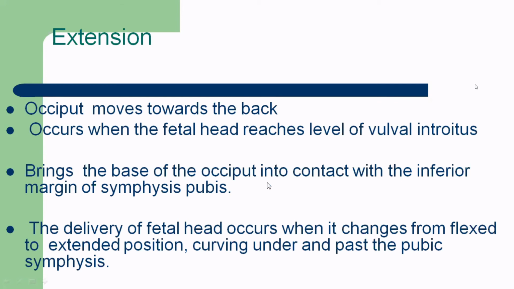It brings the base of the occiput into contact with the inferior margin of symphysis pubis. So during extension, the occiput slowly goes back to touch the back. And the delivery of fetal head occurs when it changes from flexed to extended position. And the neck will curve under and past the pubic symphysis. You have to see the picture and you have to see in the model to understand this fully.